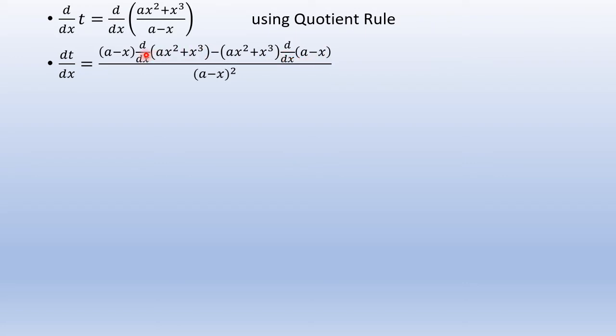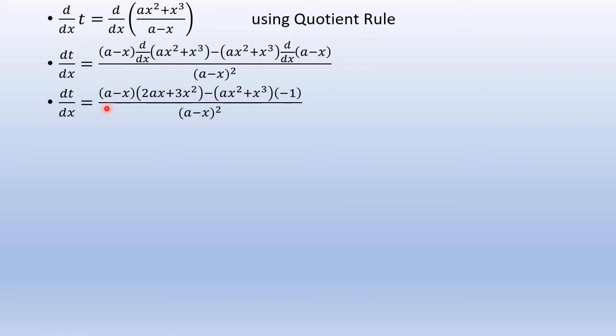Now I apply the derivative upon this. So a is constant, the derivative of x square will become 2x, so the derivative of ax square will be 2ax. The derivative of x cube will be 3x square by the use of the power formula. The derivative of a, as a is constant, will be 0, and the derivative of x will be 1, as I have minus x, so I will have minus 1 here.